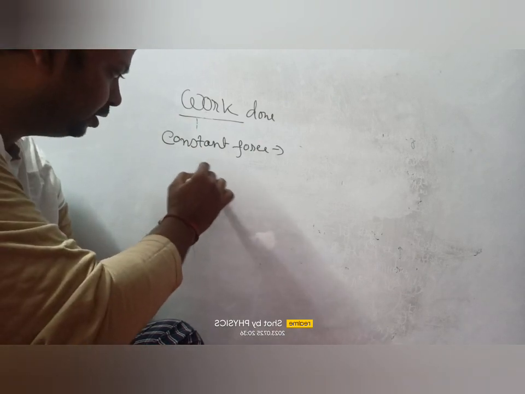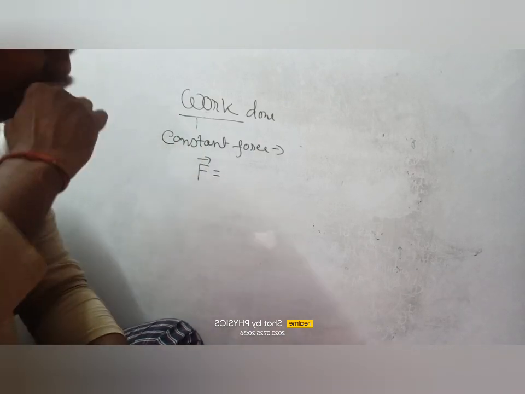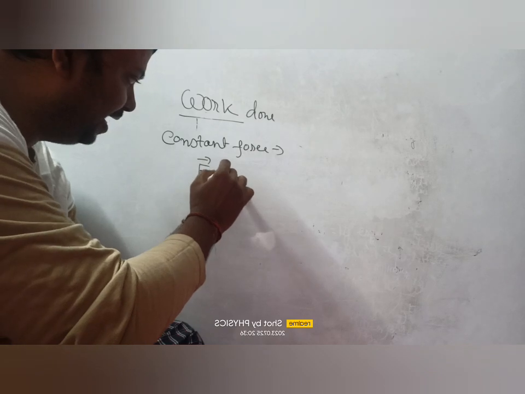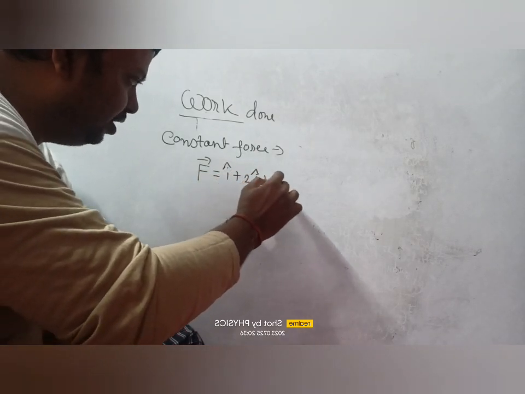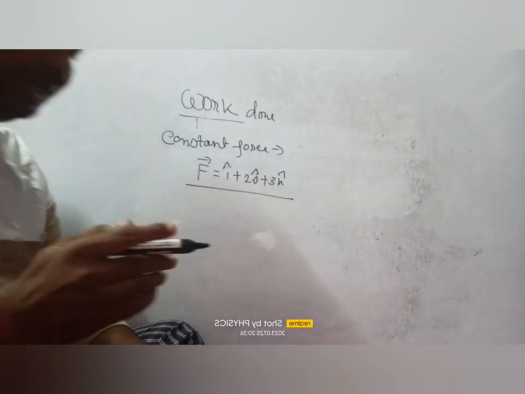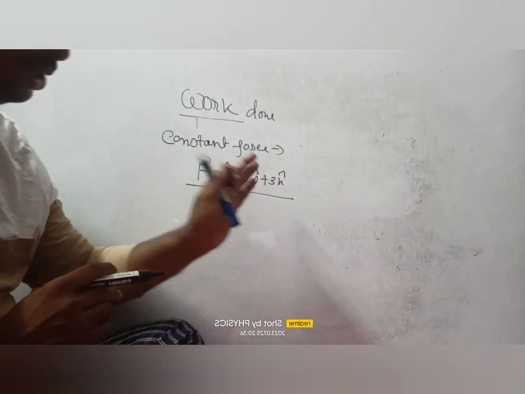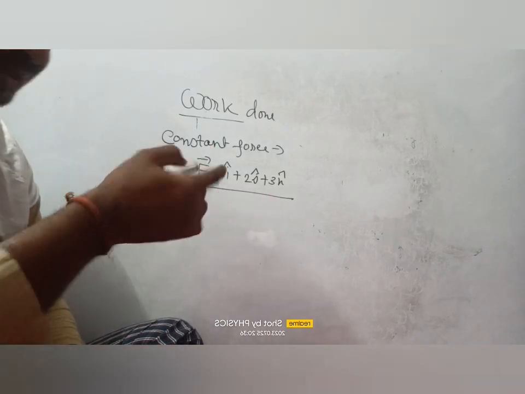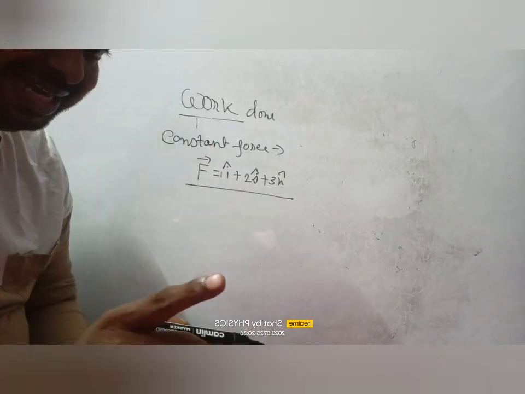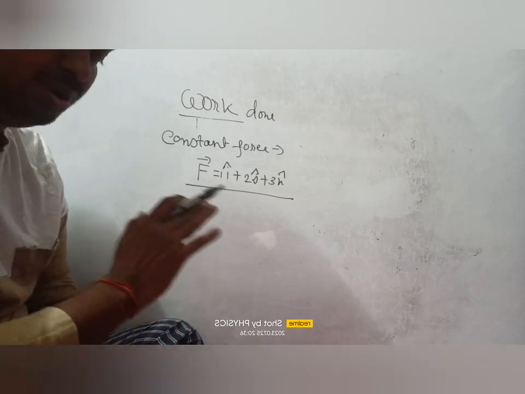A force F is equal to i hat plus 2 j hat plus 3 k hat. Here there is no variation because for the i hat we get 1, for the j hat we get 2, and for the k hat we get 3. Those are constants.